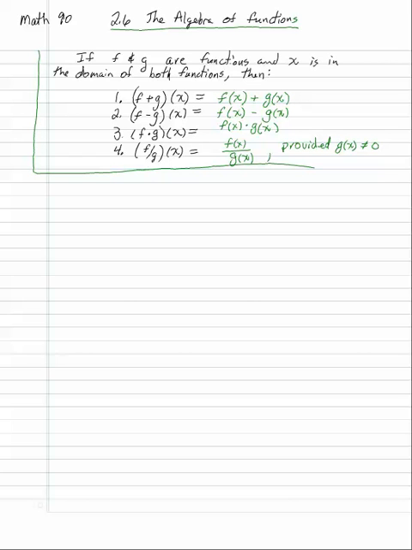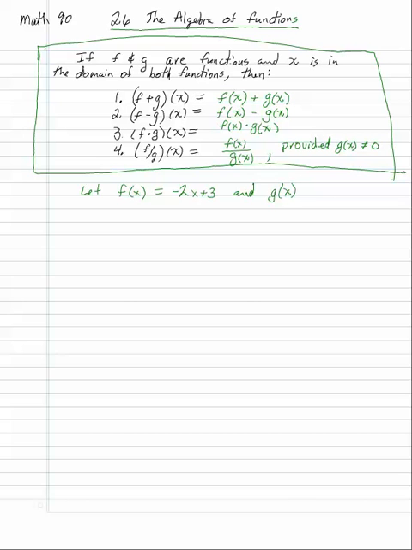Alright, so let's look at an example. We want to keep that in mind. So that's the definition of what it means to add, subtract, multiply, or divide two functions. So if I define f of x to be negative 2x plus 3 and g of x to be x squared minus 5, find the following.